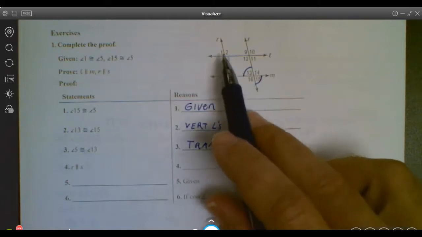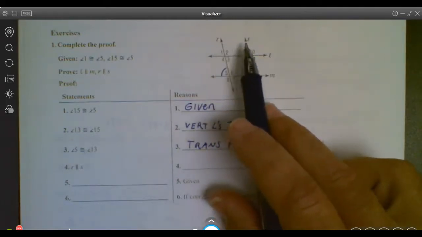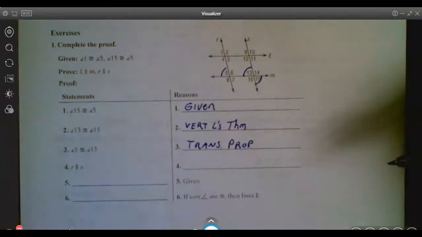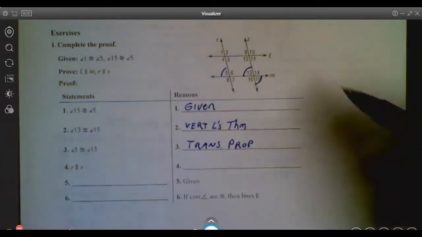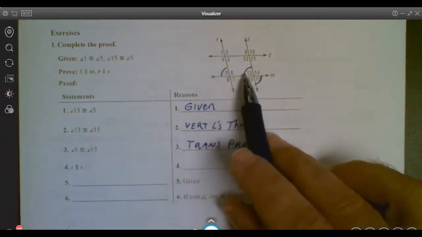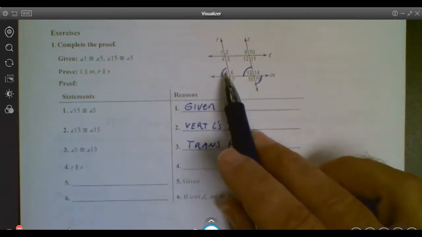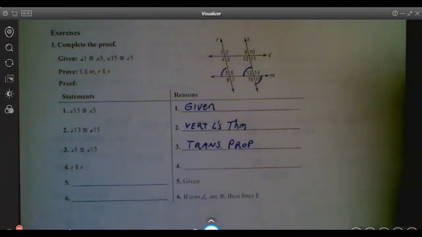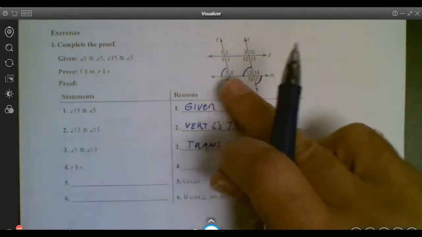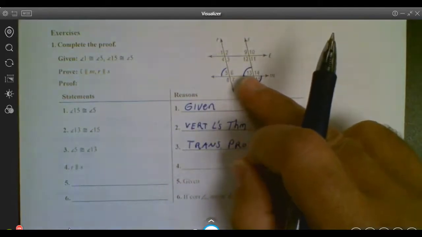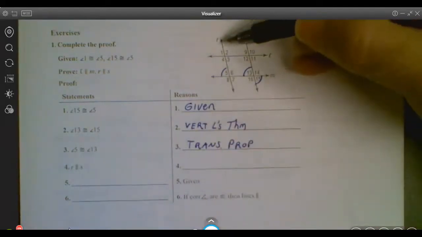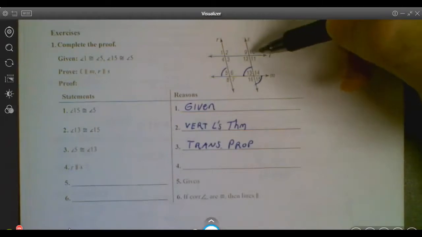And so now, if 5 and 13 are congruent to each other, that must mean that line R and line S are parallel to each other. And how do we know that? So if you look at the relationship between 5 and 13, we recognize those as corresponding angles, right? And so the converse that we've now been learning today is that if corresponding angles are congruent, then lines must be parallel, right?